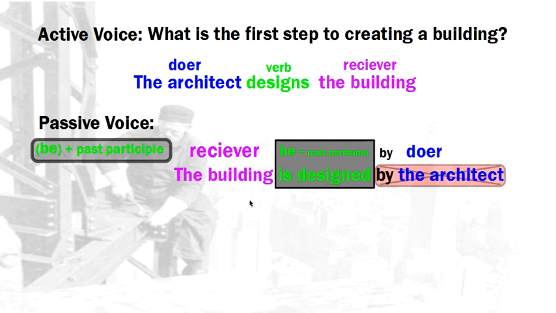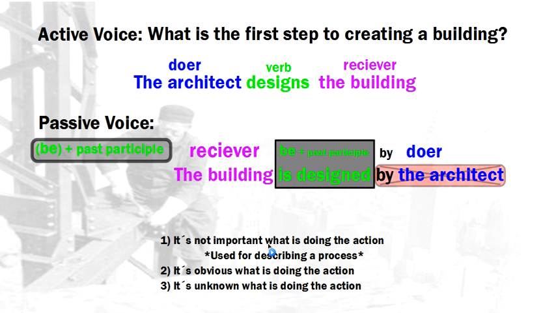If I say, what's the first step to creating a building? Well, the building is designed, and I don't need to use the second part, this part that tells me who is doing it. Why? Because the receiver is the most important part of this sentence. That's what I want to talk about. So why do we use the passive voice? Well, for those reasons. First, it's not important what is doing the action, right? Again, we use this for describing a process sometimes. We're not saying who is doing it, but we want to say what is done.